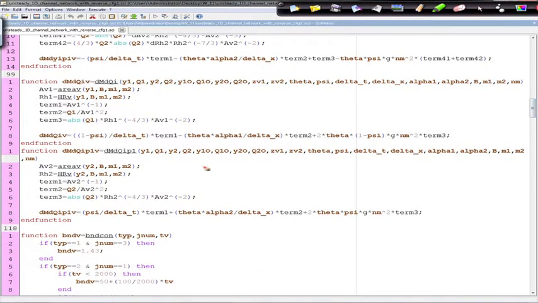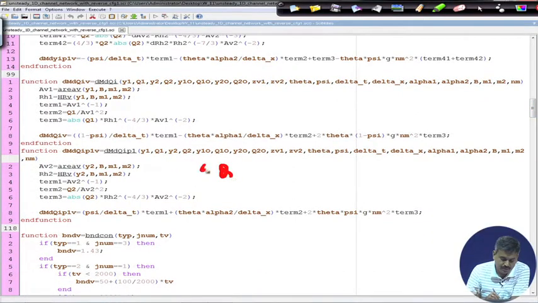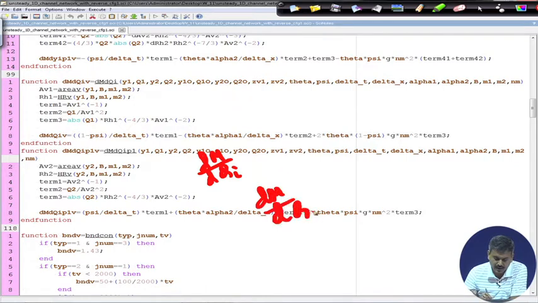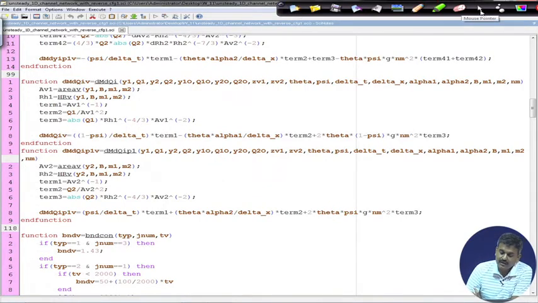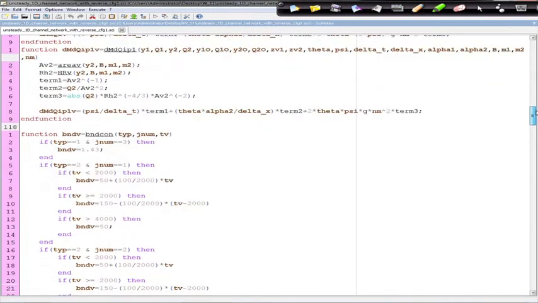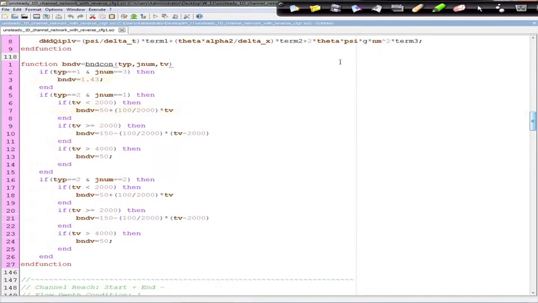These two are Q, this is dM by dQ_i, and this is dM by dQ_i plus 1. Now, after specifying this, we need to specify the boundary conditions. So, what is this boundary condition function?